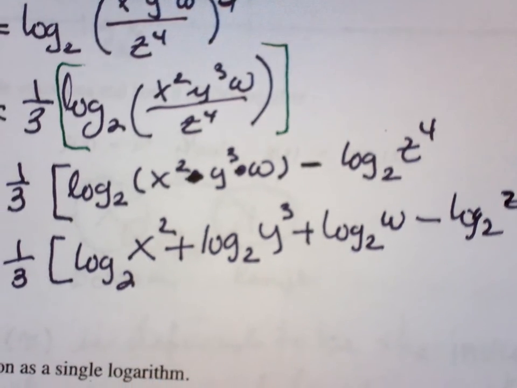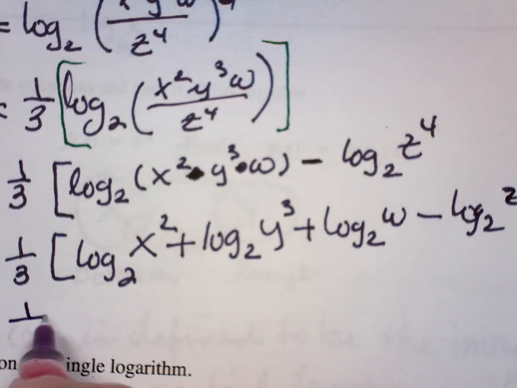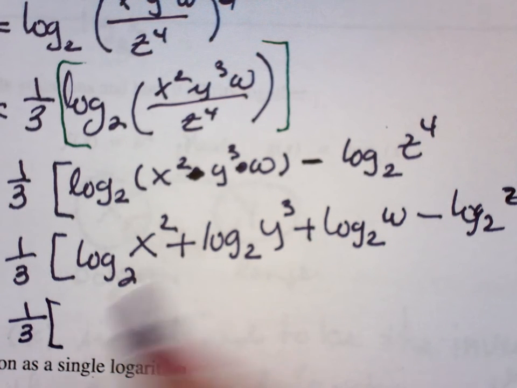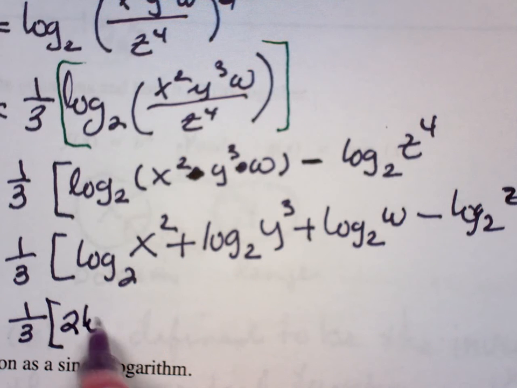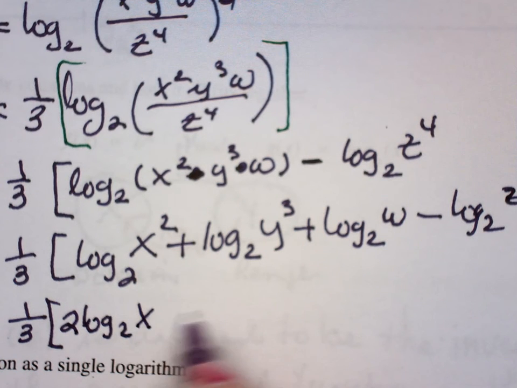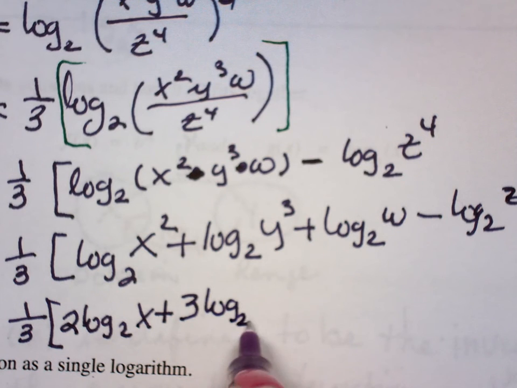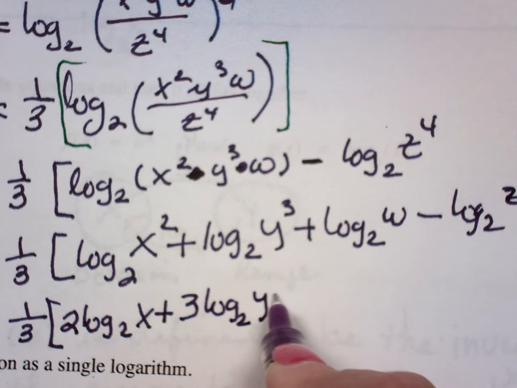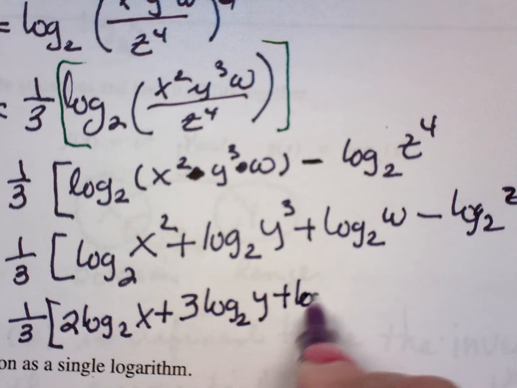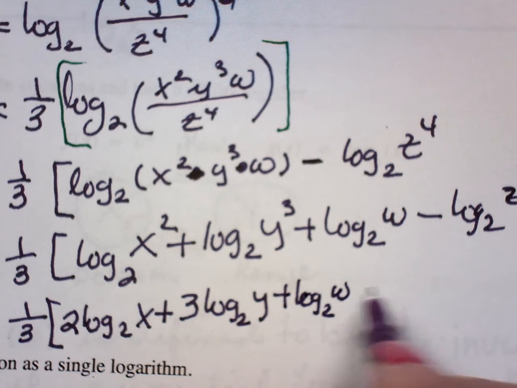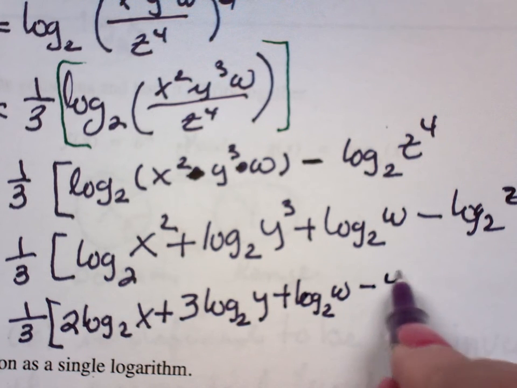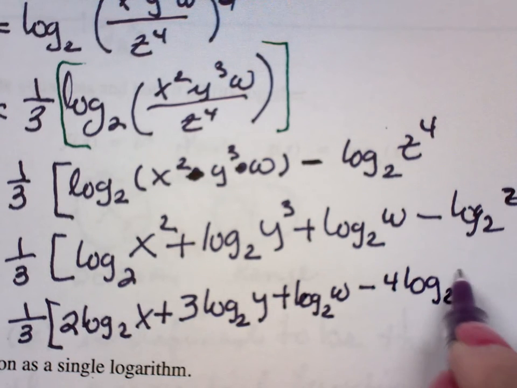Now what has to happen? Move the exponents down. This becomes 2 log base 2 of x plus 3 log base 2 of y plus log base 2 of w minus 4 log base 2 of z.